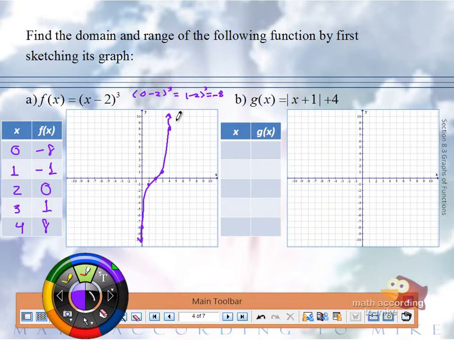Oh, it was going so well until the end. Let me redo that part there. Nailed it. The shape is a typical shape of a cube function. So this is a cubic graph. It's got that S-curve going on.